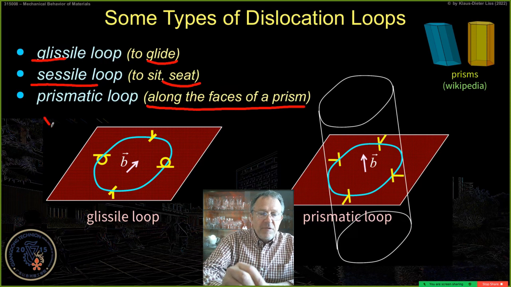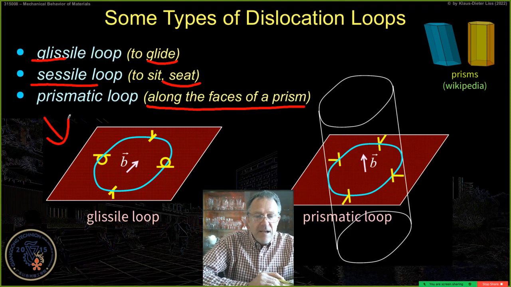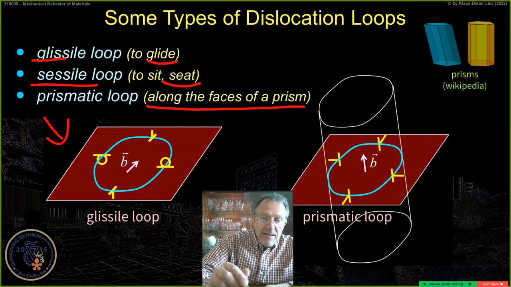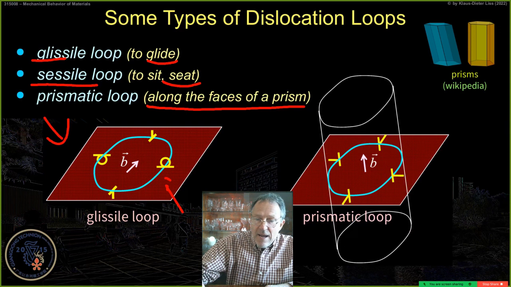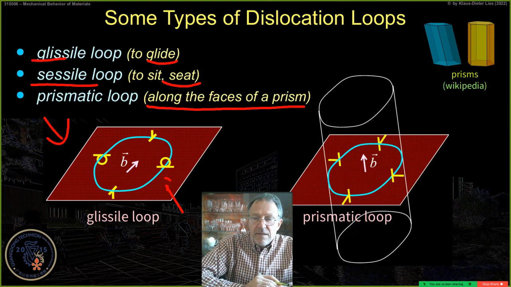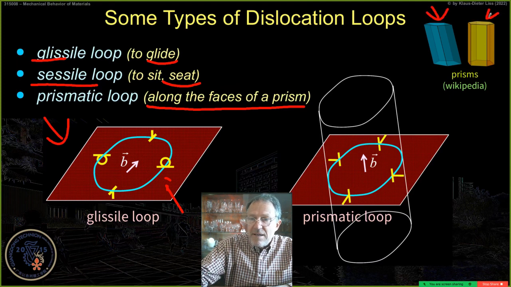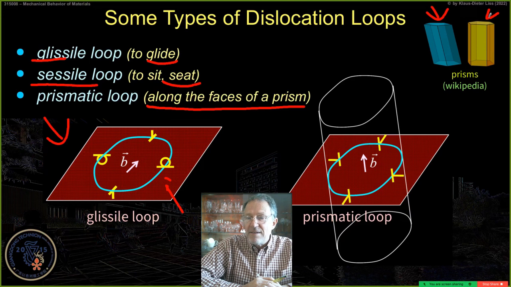We see in the first case we had this planar configuration where the Burgers vector is within the slip plane, or in the plane we consider. In the loop plane, not the slip plane, it's within the loop plane here. While we can have the Burgers vector perpendicular to that loop plane, or inclined at an angle to that loop plane, and that we call a prismatic loop, because a prism is something like shown here from Wikipedia.